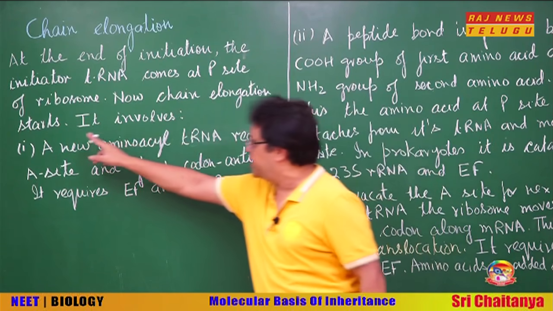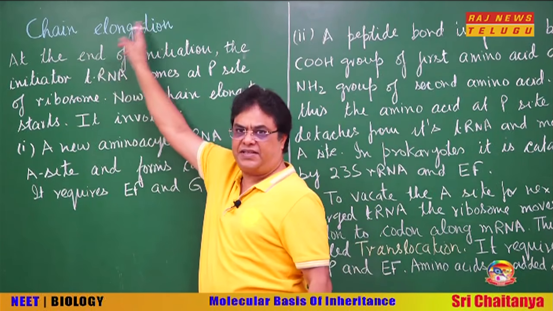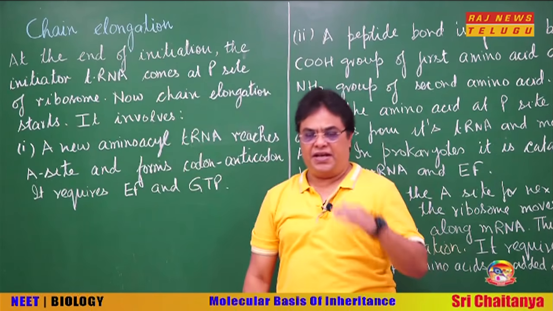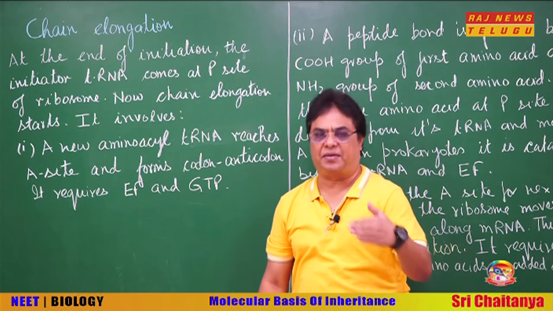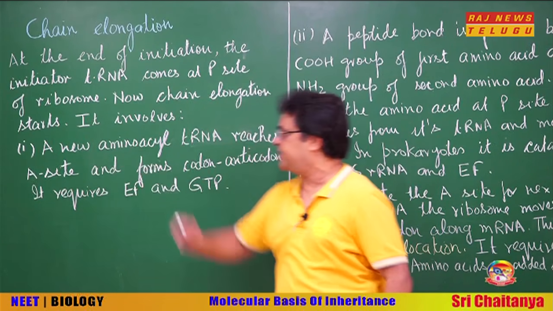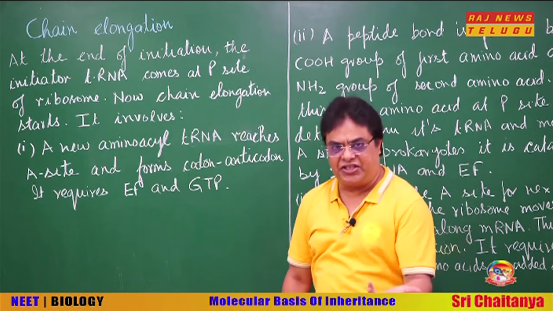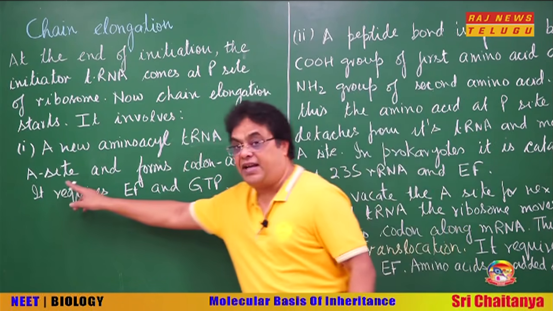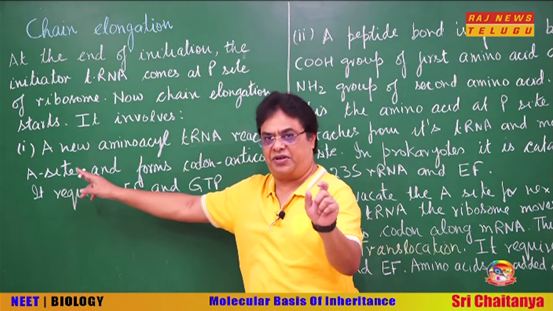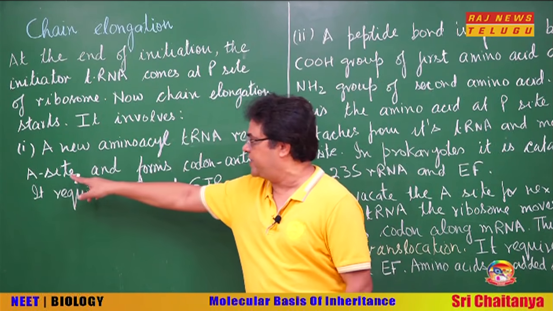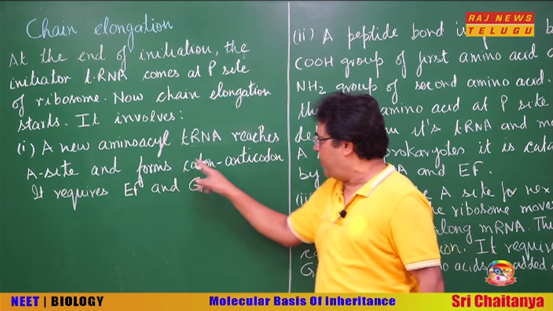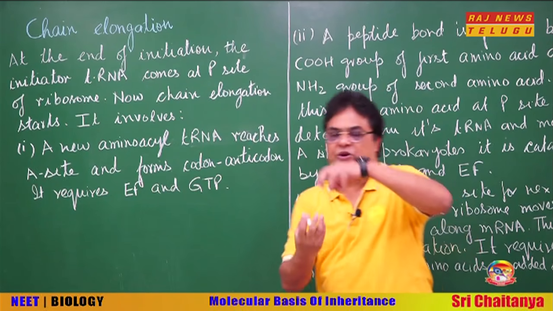Now chain elongation starts. So our next topic is chain elongation. Chain elongation has three substeps. See, in the first substep, a new aminoacyl tRNA, or we can say charged tRNA, reaches the A site. Remember, the P site is already occupied. So the new one reaches the A site and forms codon anticodon binding.